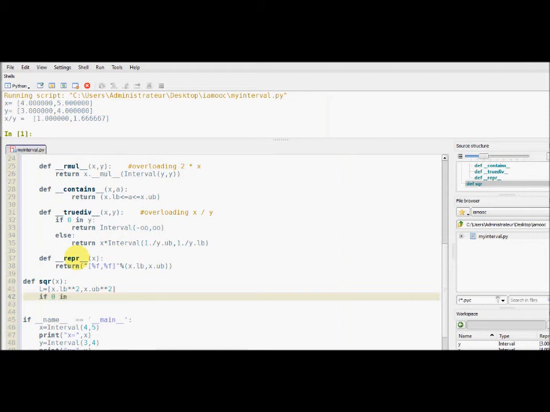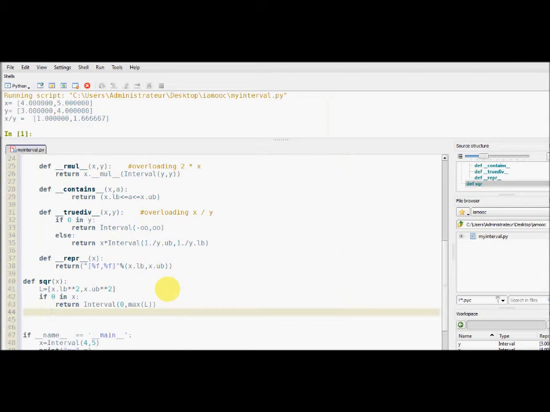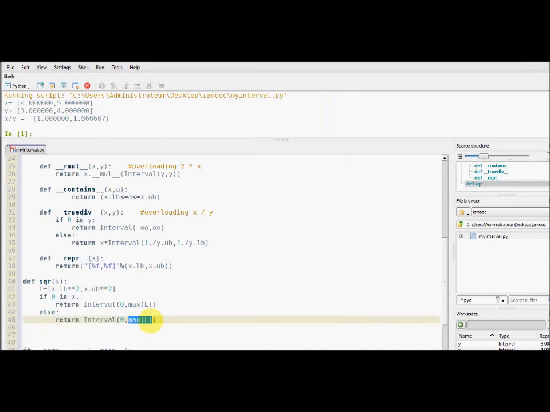If 0 is in x, in this case I will have to return the interval with the lower bound 0 and the upper bound max of L. Else I will have to return the max, but here the min, because now my function is decreasing or increasing, it depends. So this is for the square.